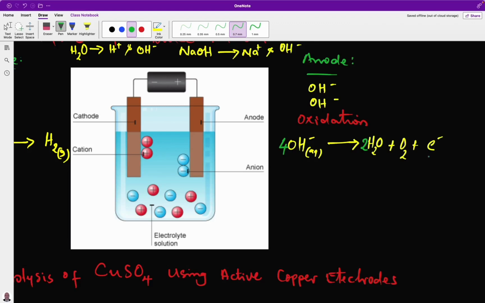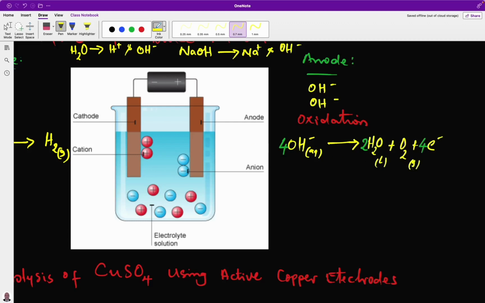We must balance them by putting a 4 there. So that balances the whole thing. A gas, this liquid, and this is gas.